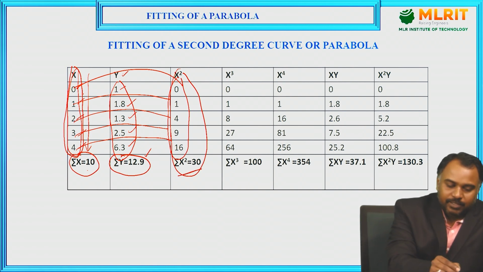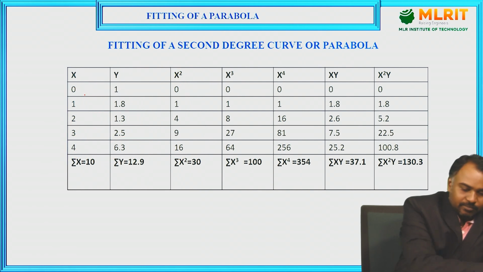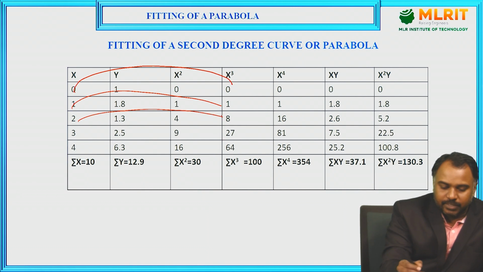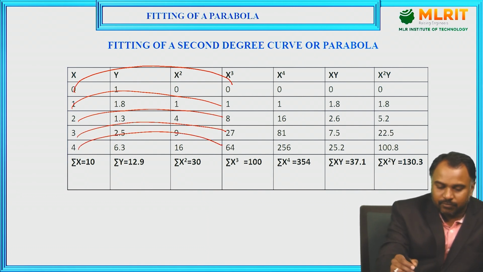Next, x cube of each observation: 0 cube is 0, 1 cube is 1, 2 cube is 8, 3 cube is 27, 4 cube is 64. The sum of all these x cube values we call summation x cube, and this value is 100.